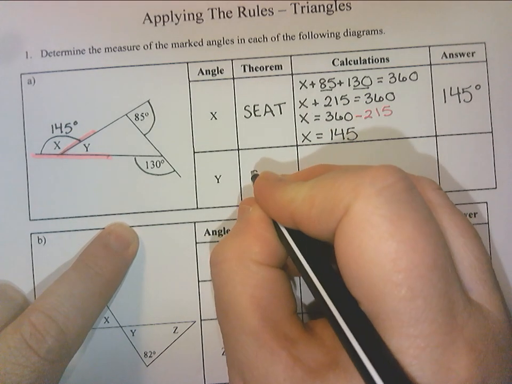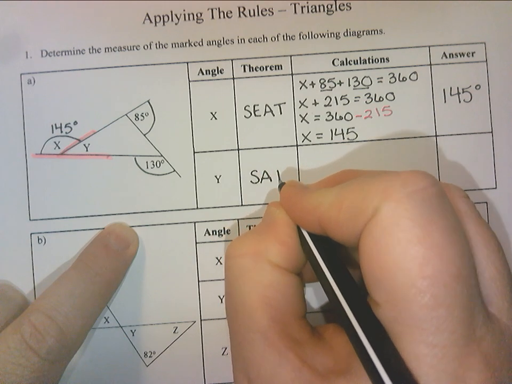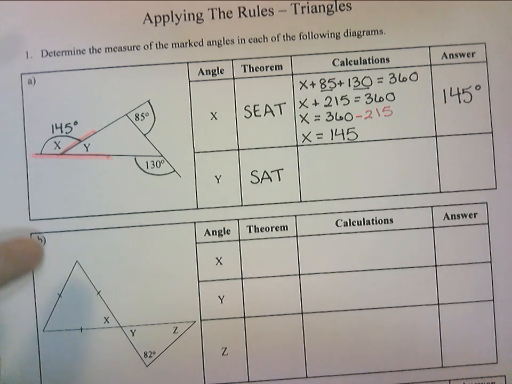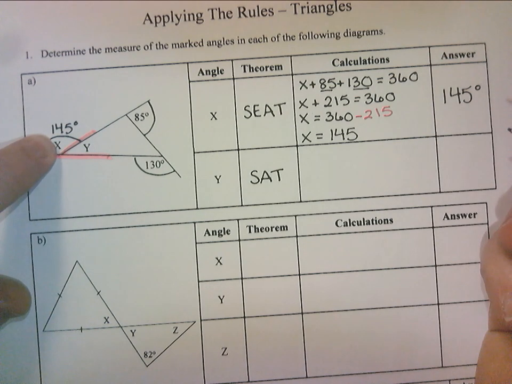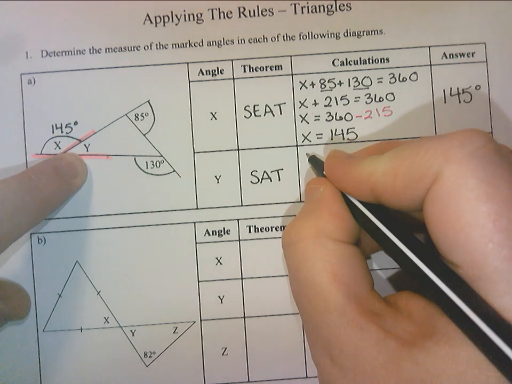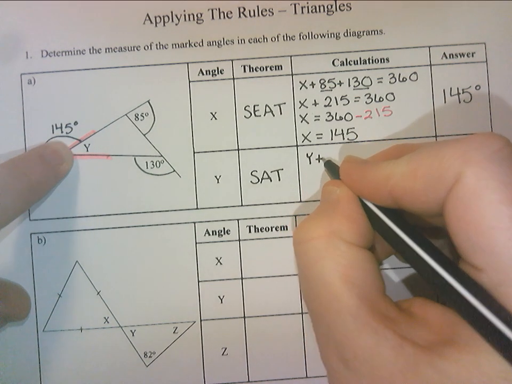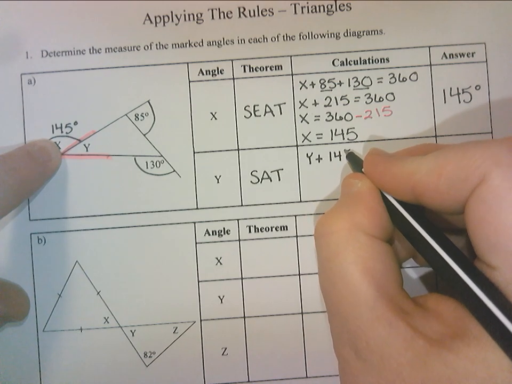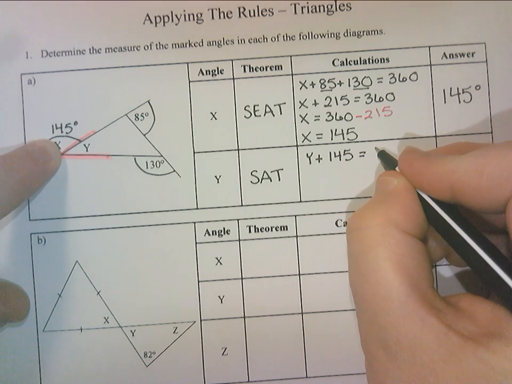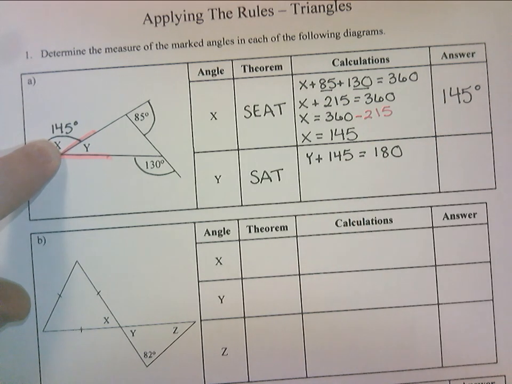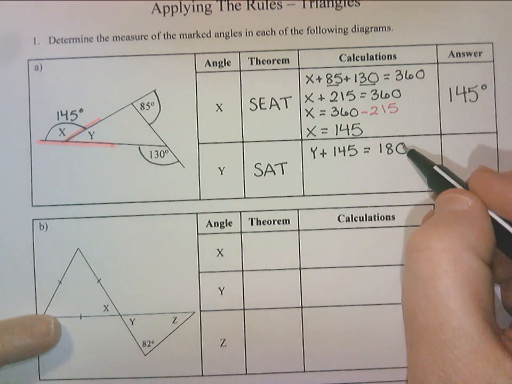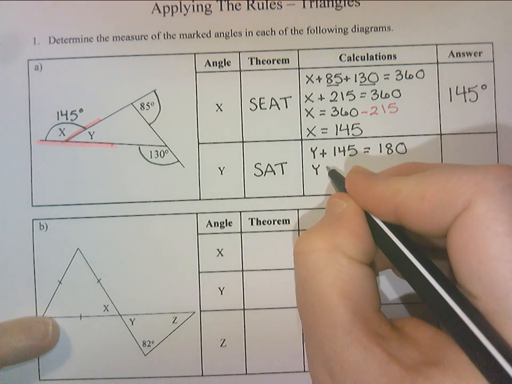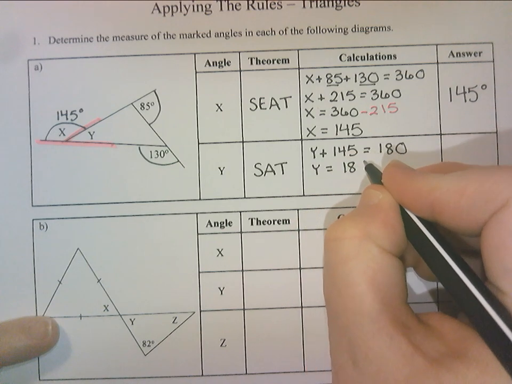So I'm going to write that we're using SAT, or the supplementary angle theorem, and that X and Y added together are 145 degrees. So I'm going to put the one we don't know first. So Y plus 145 equals 180 degrees. Right, from there I am going to subtract 145 from the other side.